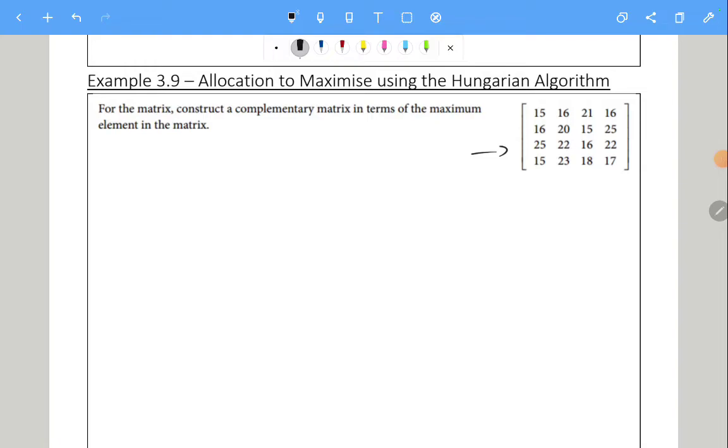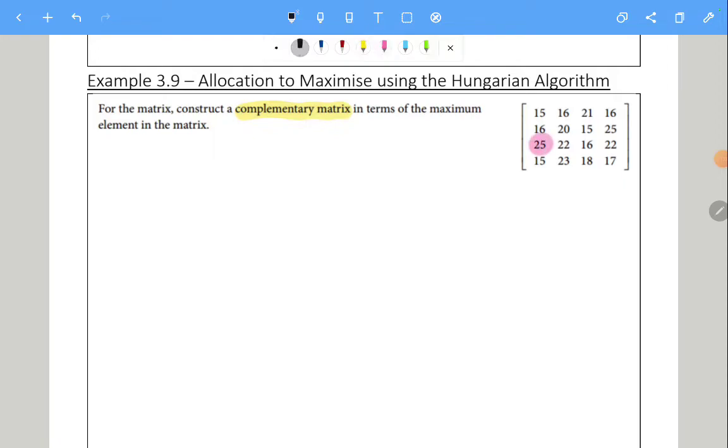We can sometimes call it a complementary matrix because in a sense it's the complement to it. One says which cells are the biggest and which ones are the smallest. So what can we do? Well, we can do a bit of subtraction, and that will flip the whole thing. Let's take our biggest cell, for example, the number 25.